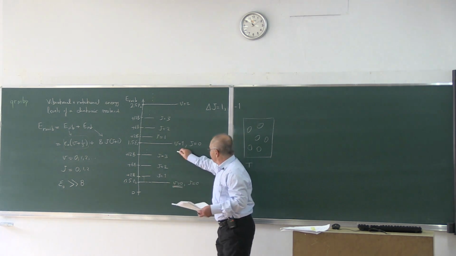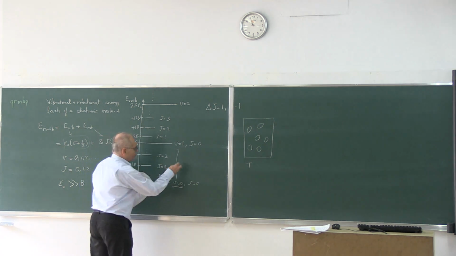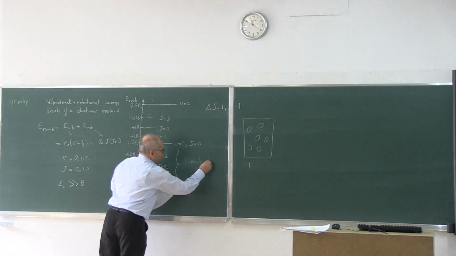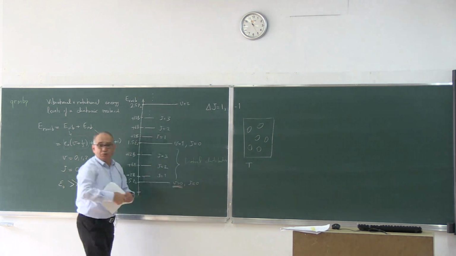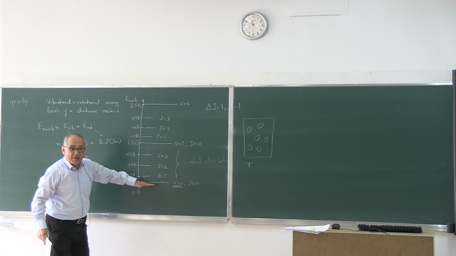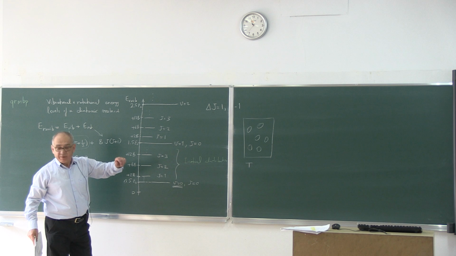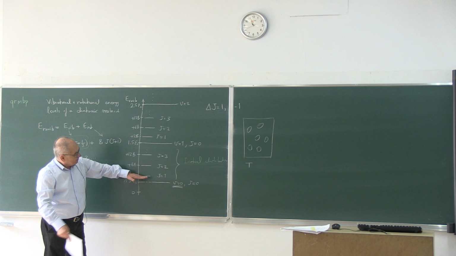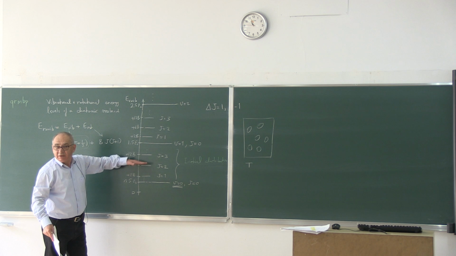They correspond to this level, this part. This is the initial distribution of the molecules. In other words, all the molecules are vibrationally in the ground level, but rotationally there is a distribution. Some of the molecules are in the lowest level, some others are in the J equals 1 level, still others are in the J equals 2 level, and so on.